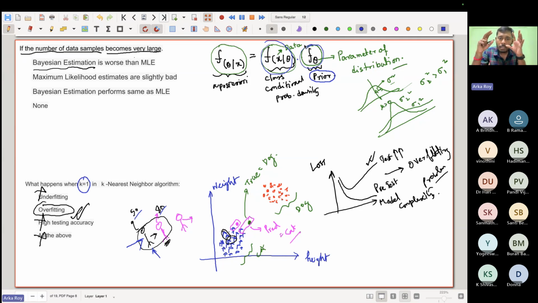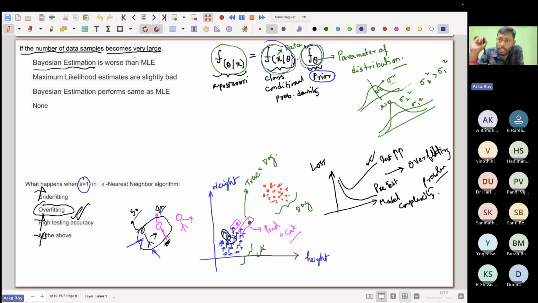In such a case, if you have very small amount of data, let's say only 10 data points, from 10 data points you will not be able to learn much. For those cases, you have to have some sort of prior, because that prior may guide you well. It may not as well, that is why I'm not putting any definite statement over there. But taking the help of a prior in a smaller data set would help you.